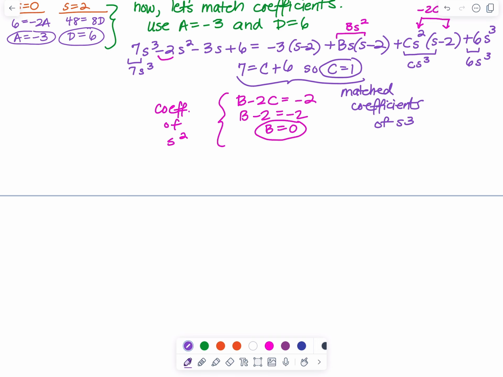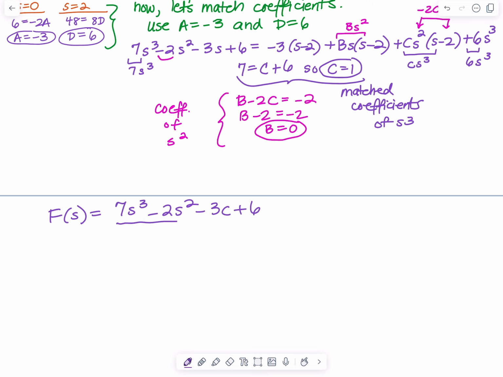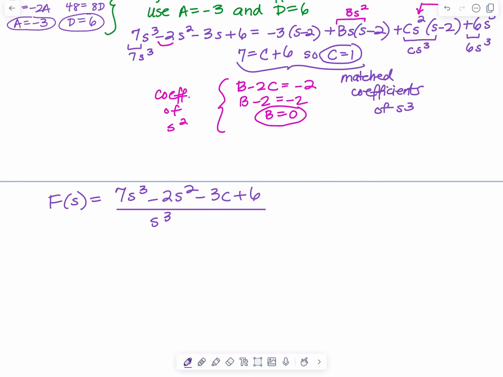Okay, so let's see what we have. We have that f of s is equal to 7s cubed minus 2s squared minus 3s plus 6, all divided by that denominator, s cubed multiplied by s minus 2, and we have a negative 3 over s cubed plus 1 divided by s plus 6 divided by s minus 2.